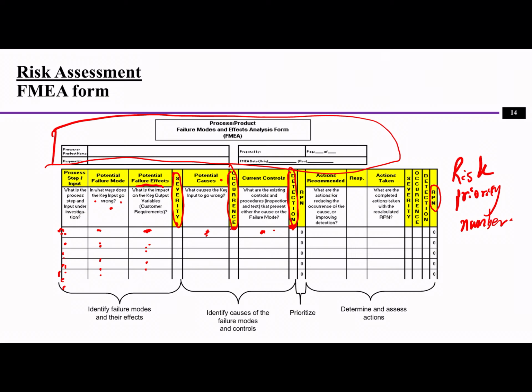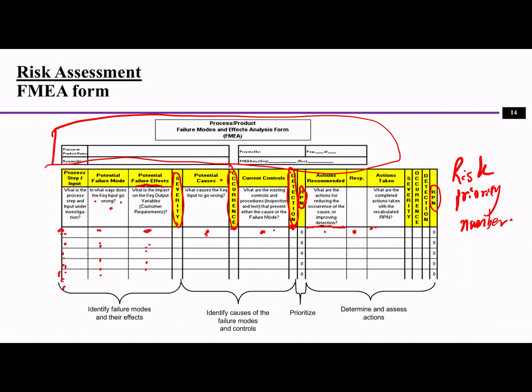After you calculate this risk priority number, you can come up with the actions. You need to figure out what can we do in order to solve this problem. So these are the recommended actions: how do you solve this, who will be responsible for solving it, and what actions have been taken.